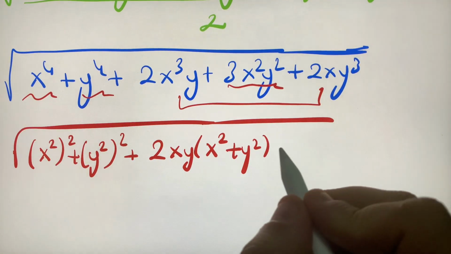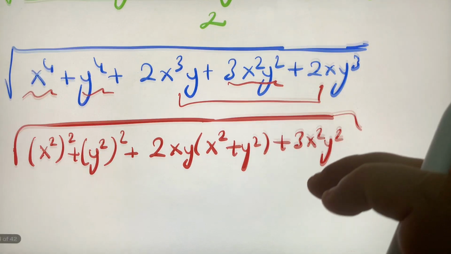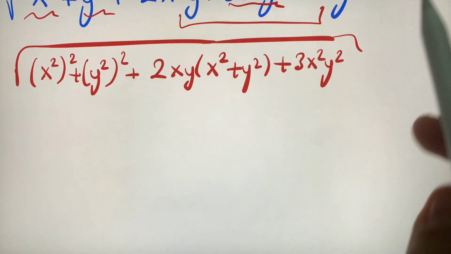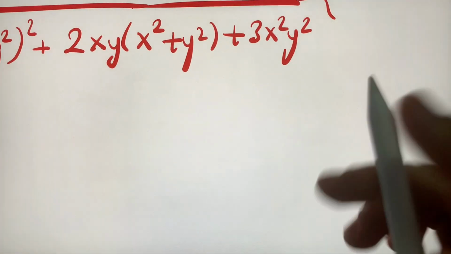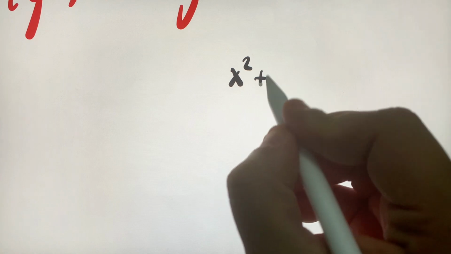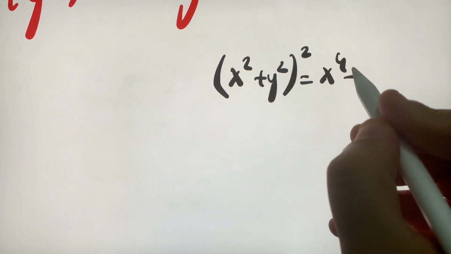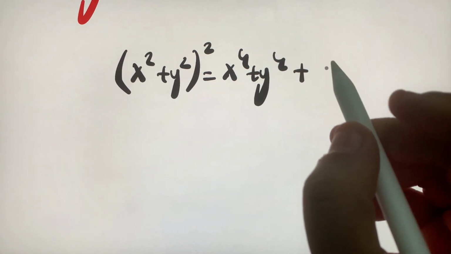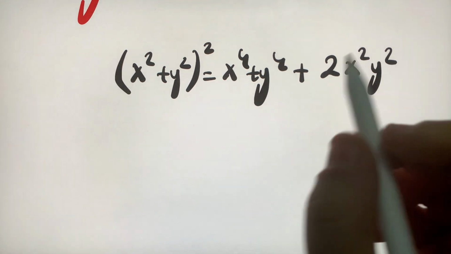Now what else can I do? Let's explore this statement a little. (x squared plus y squared) squared is x to the fourth plus y to the fourth plus 2 times x squared y squared.